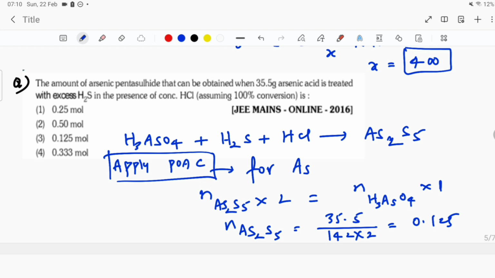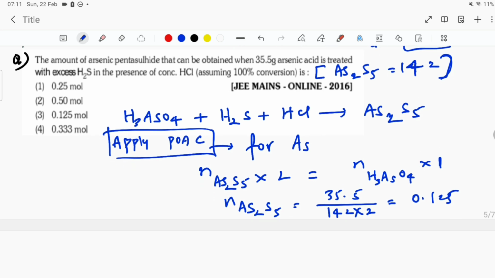The answer is 0.125. See, what is 142? That is the molecular weight of As2S5, which is given. Once you know this information, you can easily calculate. So the answer is 3.